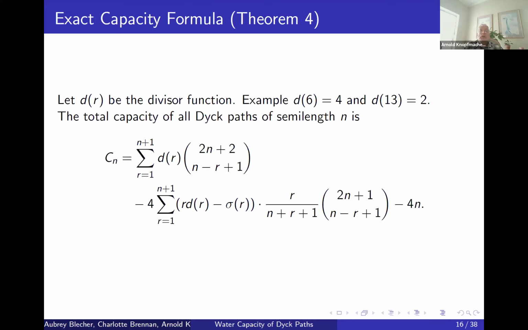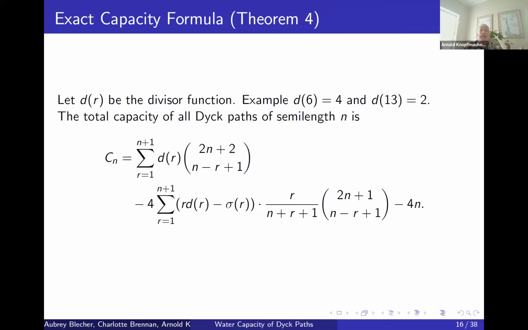So with that in mind, we can actually get an exact formula for the total capacity of the Dyck paths of semi-length n, and the d(r) function is just the divisor function. Remember, the divisor function is just counting how many divisors a number has.